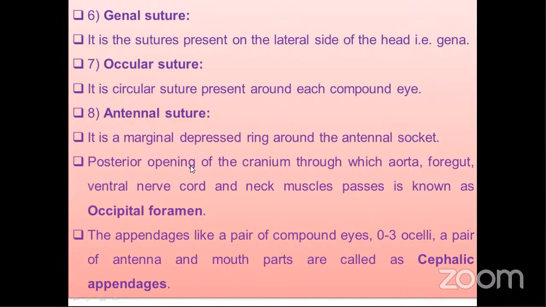Next, what is meant by occipital foramen, and what is meant by cephalic appendages?